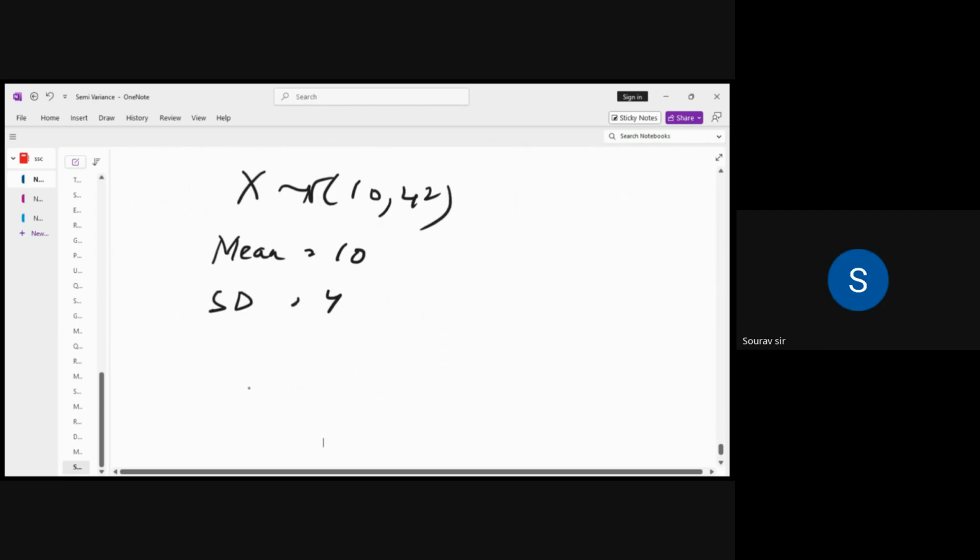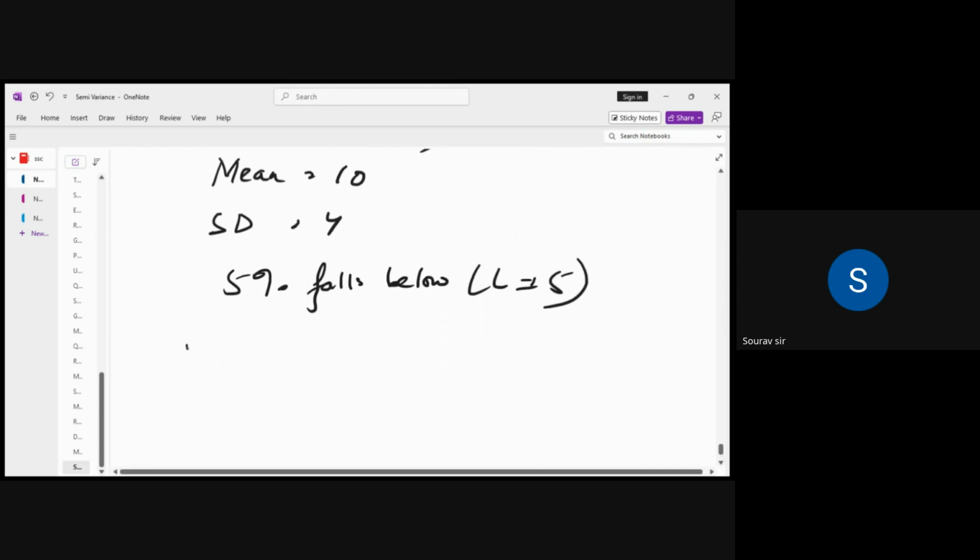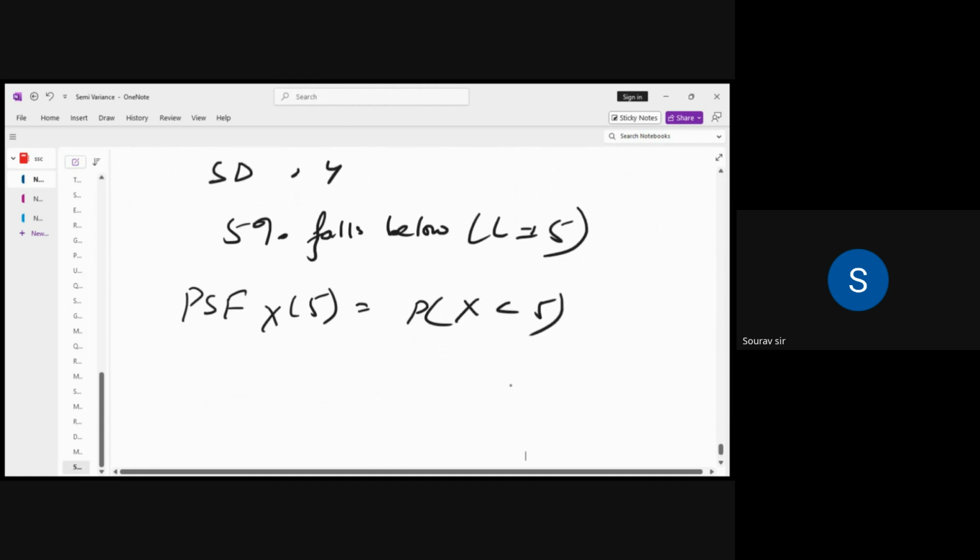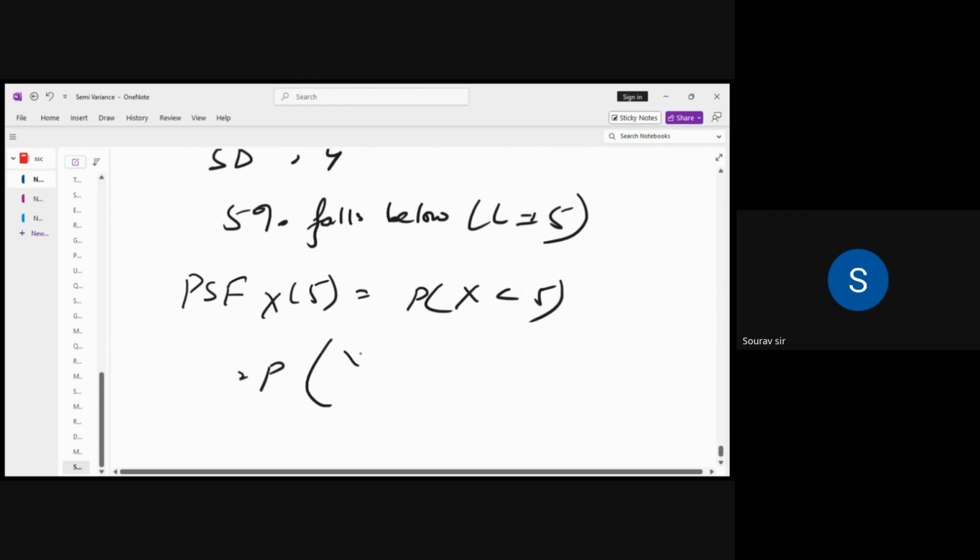If I want to calculate the probability of return which falls below 5%, then L equals 5. PSF of X, 5 is P of x less than 5, so that is P of (x minus 10) by 4 less than (5 minus 10) by 4.